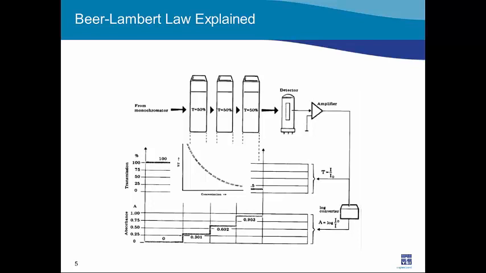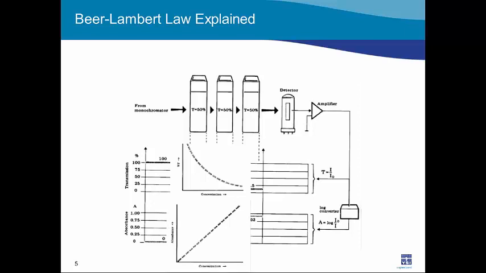And then the second sample would have an absorbance of 0.602, and the third sample an absorbance of 0.903. In doing so, we've created a linear curve that relates the absorbance of the sample to the concentration in a straight line, making it convenient to calculate the concentration of your sample.